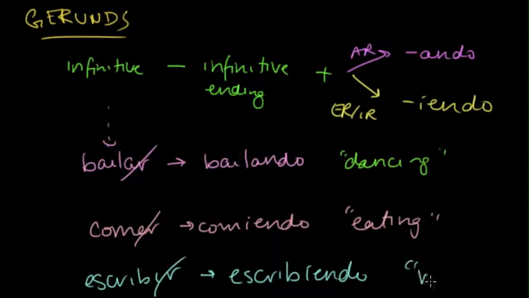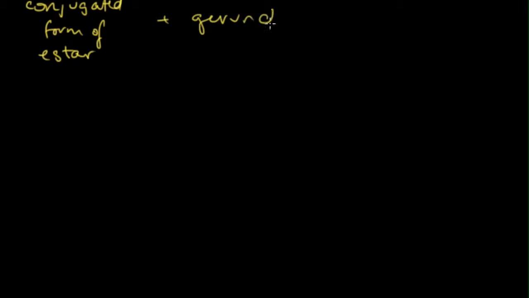Escribiendo, writing. So, let's just run through our formula once more. We have a conjugated form of estar plus our gerund. This is our helping verb, and this is our main verb or our action verb that's telling you what is actually being done at that moment in time.